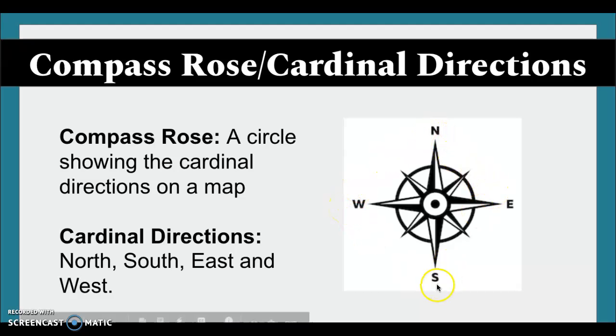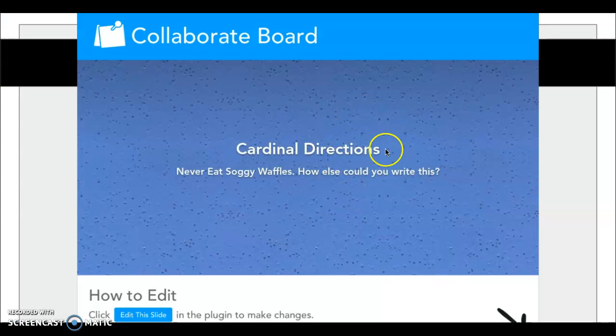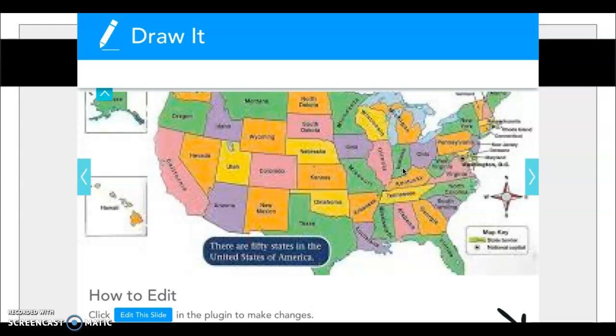I've heard never eat soggy watermelon. What else could you write that starts with an N for north, E for east, S for south, and W for west? And you hopefully did that already on your student-led Nearpod. In the draw-it activity in your student-led Nearpod, hopefully you were able to circle right where the compass rose was, which is right here.